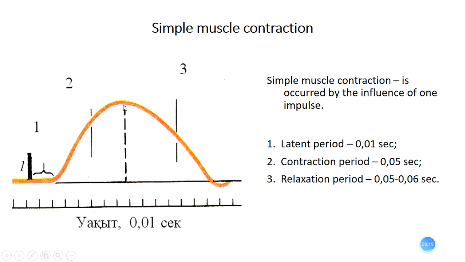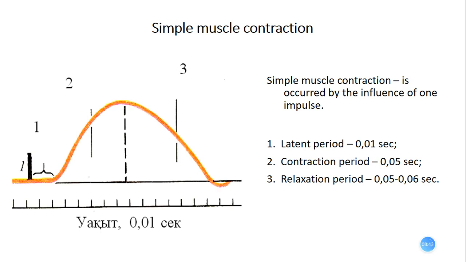And you know, during this period the muscle is contracting, shortening. Then we have the relaxation period. The relaxation period is the interval between the point of maximum contraction and the point of maximum relaxation.